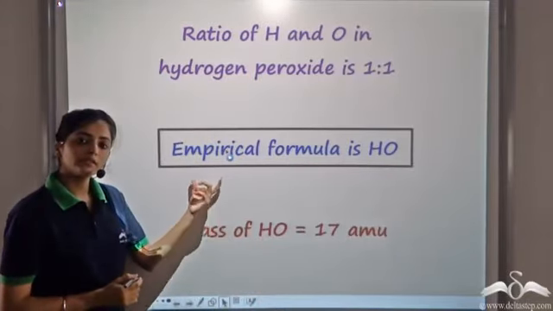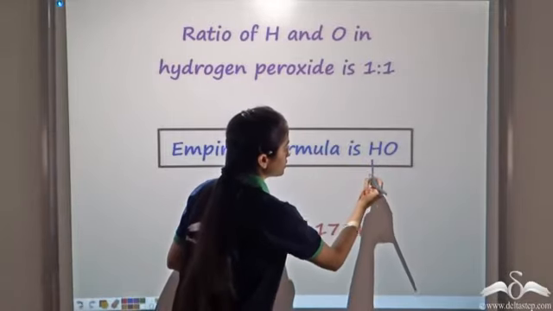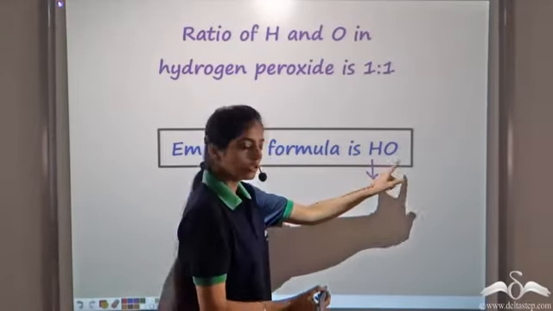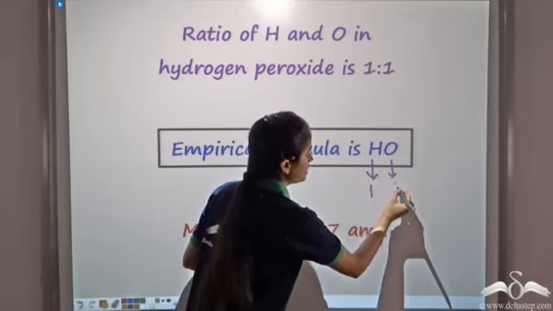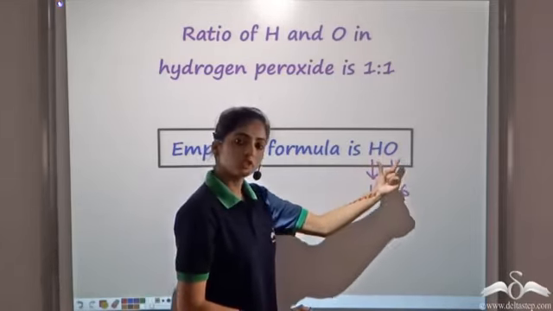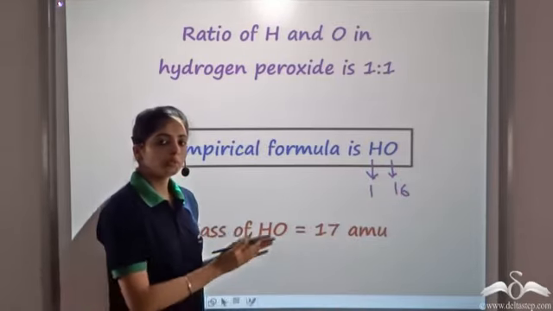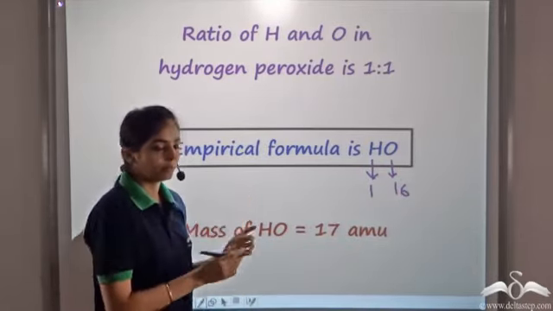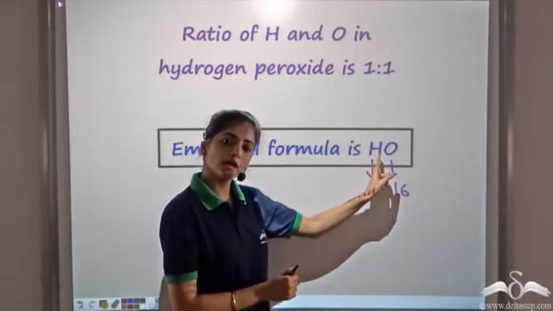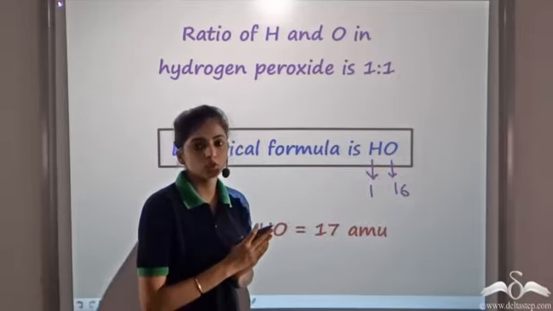Now if we calculate the empirical formula weight, for hydrogen it is 1, for oxygen it is 16. So for hydrogen and oxygen together, we get 17 atomic mass unit. Now we know that this is the empirical formula, that is, hydrogen atoms and oxygen atoms are in the ratio 1:1.